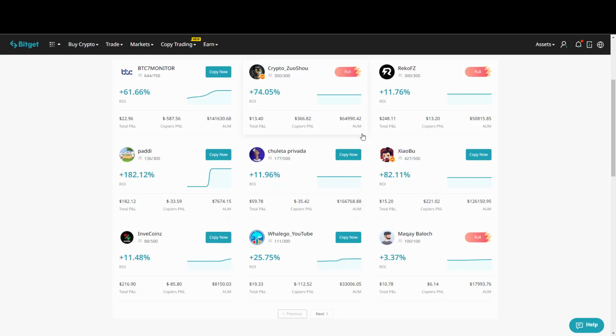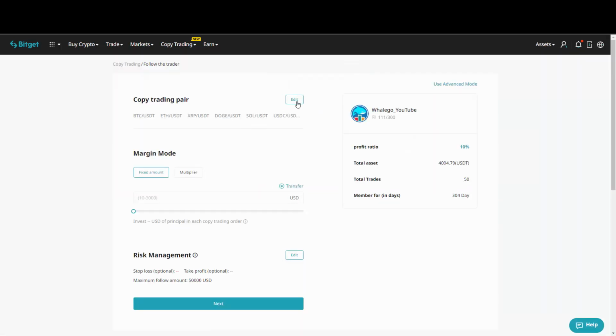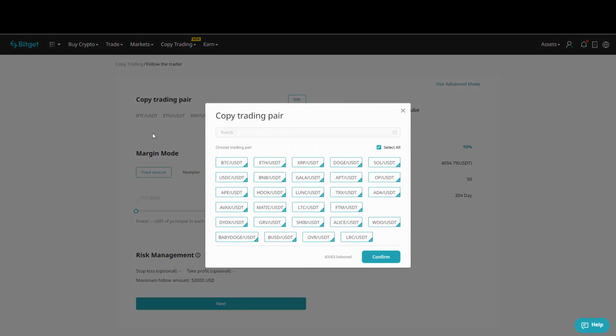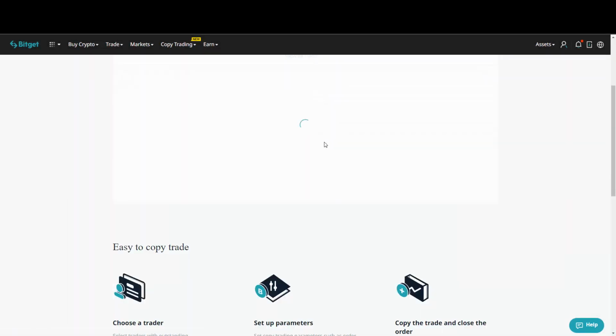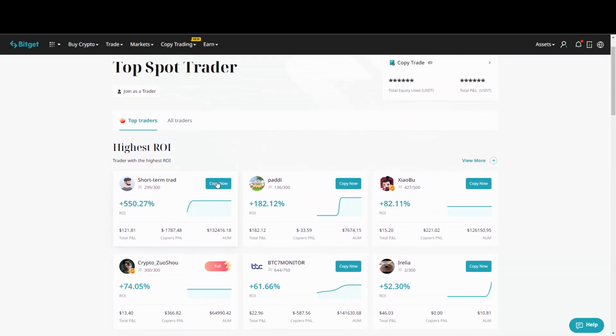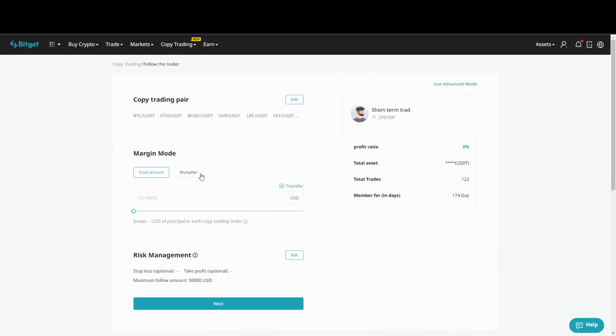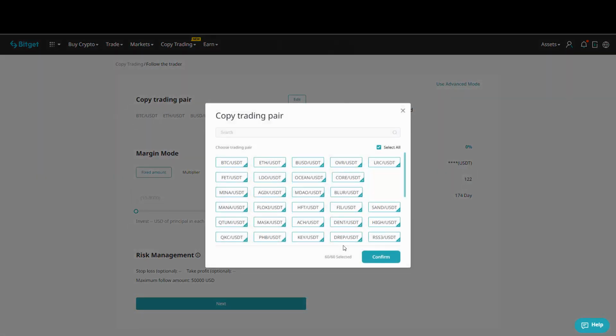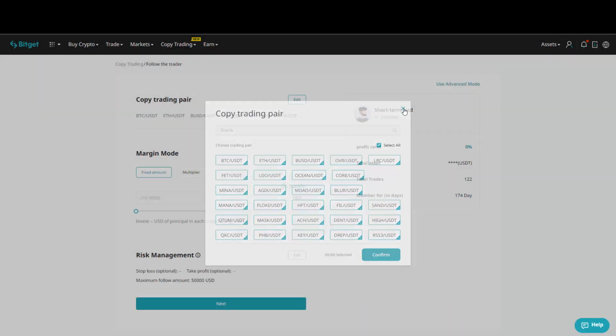Maybe he's using one, maybe he's using two. For example, let's go here with this one. This person also has a lot. So let's say I'm going to go with this one with short term. This person is using fewer, it's using 60.